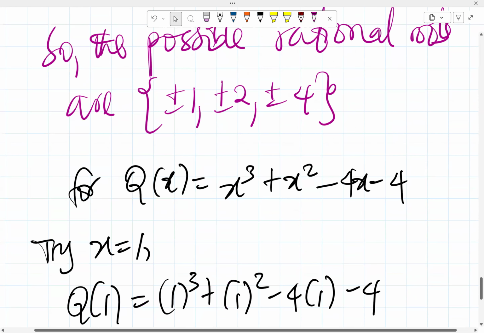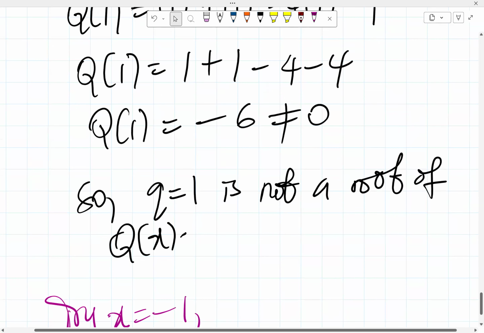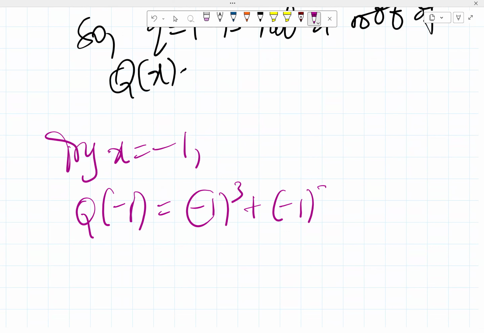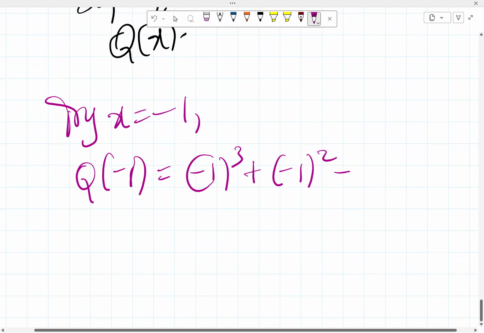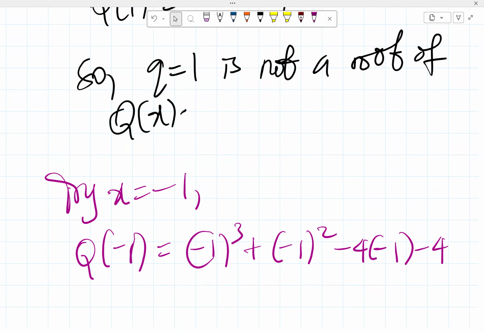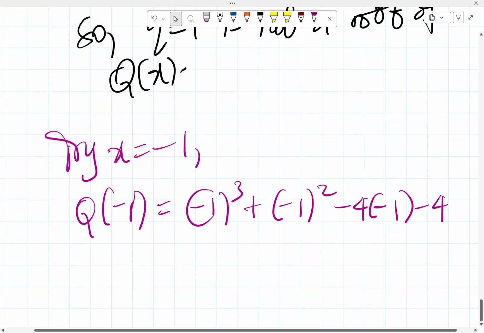So if you try x equals minus 1, we have q of minus 1. Q of minus 1 now is equal to minus 1 raised to power 3 plus minus 1 raised to power 2, then minus 4 into minus 1, then minus 4. That's x cubed plus x squared minus 4x minus 4.